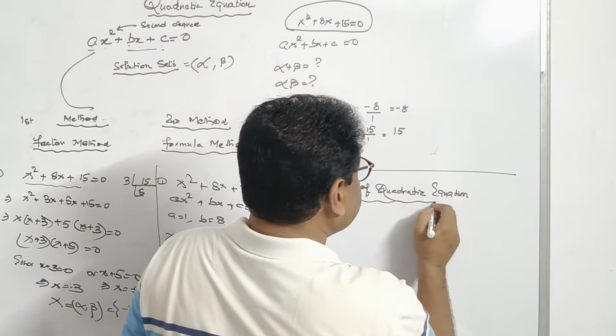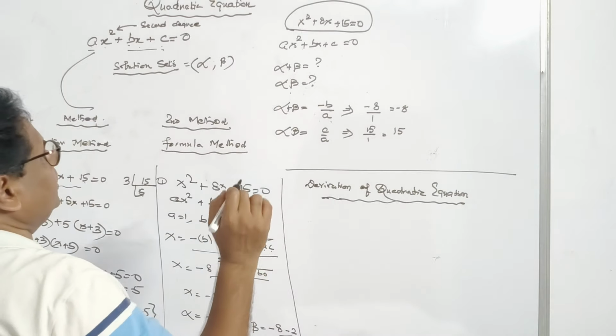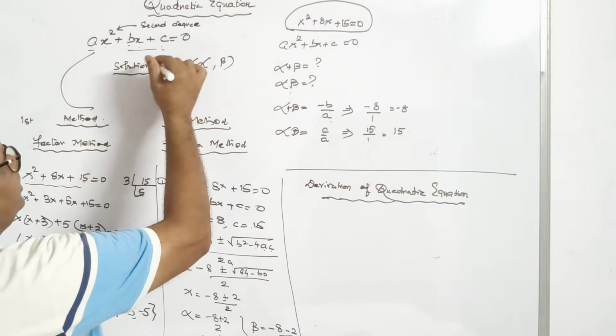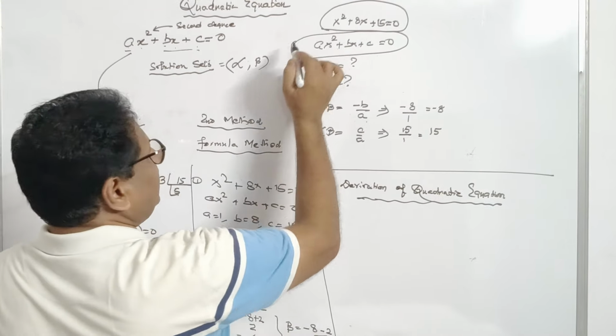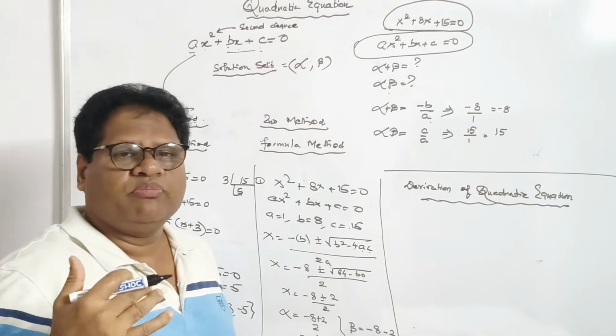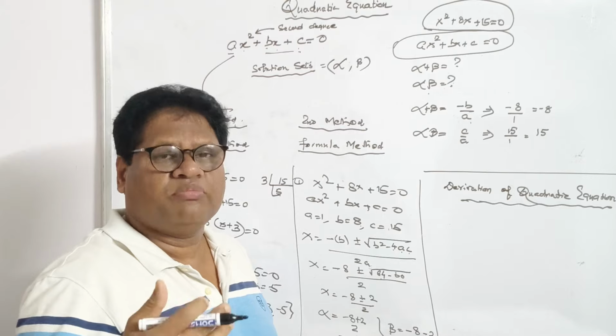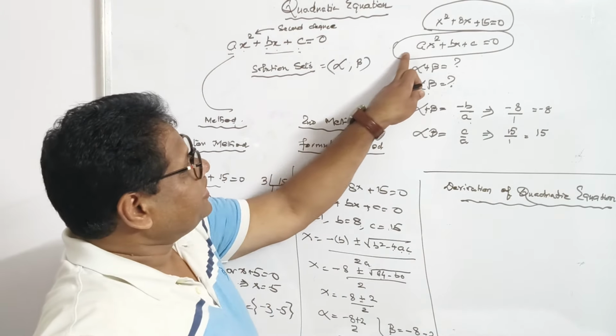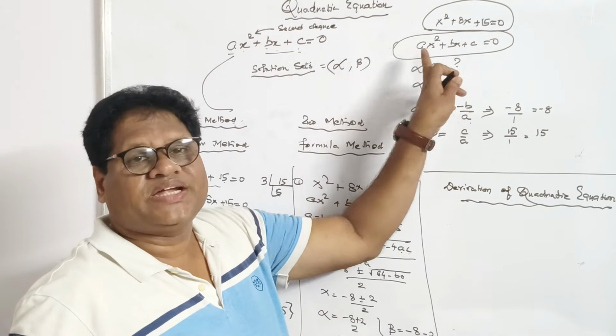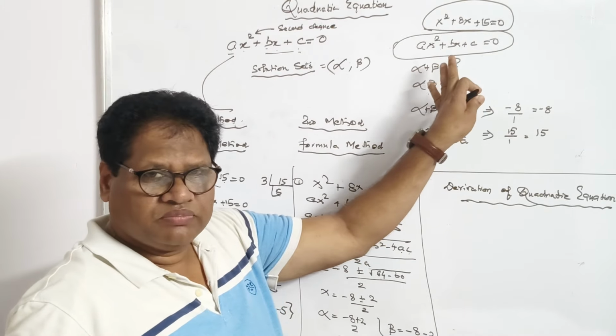Please make sure that you are expressing it in the standard form. This is the standard form of the quadratic equation. Without this form you can't solve it, whether you are doing problem sums or questions from the chapter. You have to express the equation in this form.